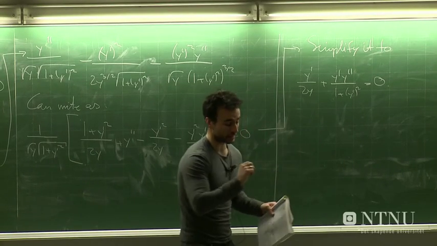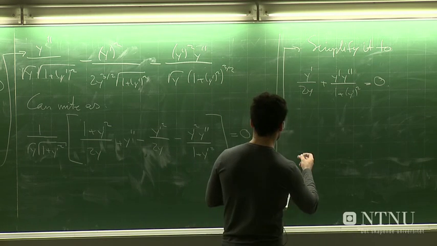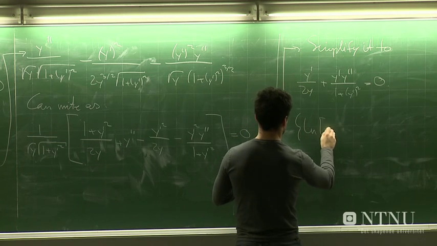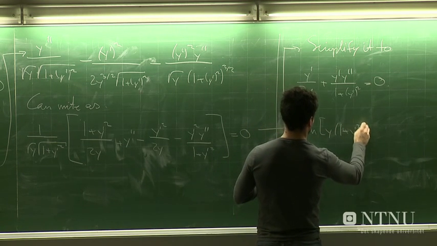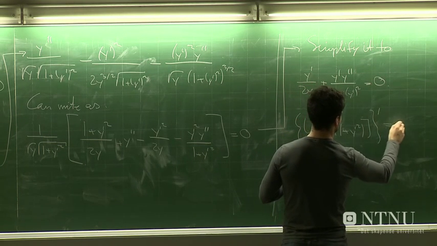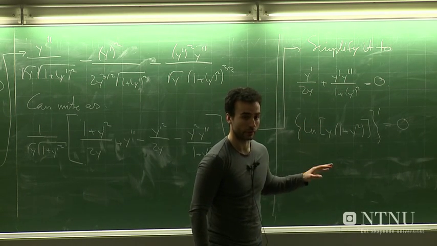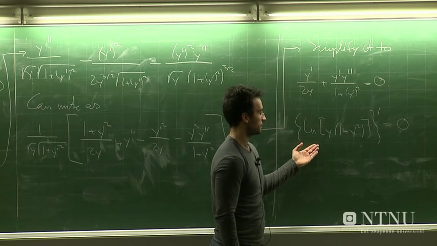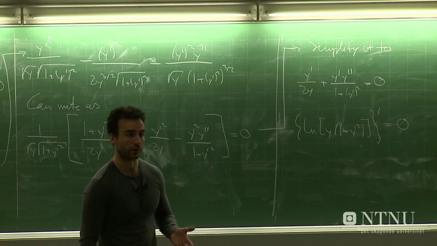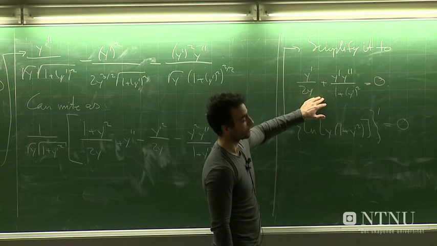This in turn can be rewritten as the derivative of a logarithm, the natural logarithm. So this can be written as the total derivative with respect to x of this expression. Keep in mind that, for instance, the derivative of the logarithm of x is 1 over x. So by doing that, you can get this expression.